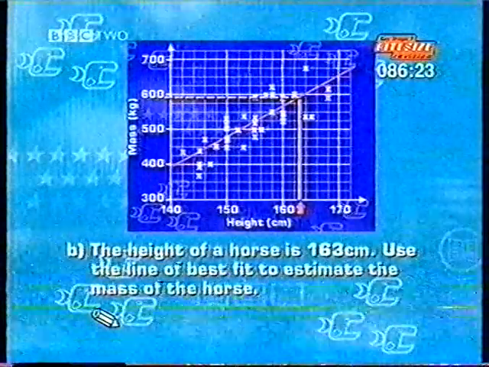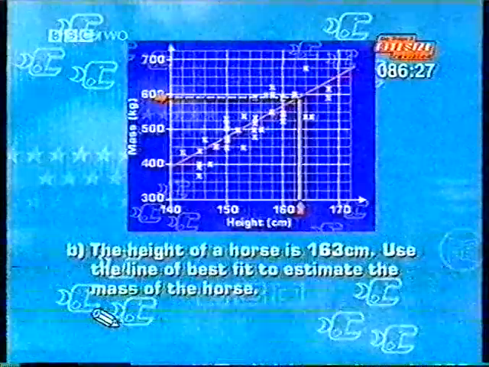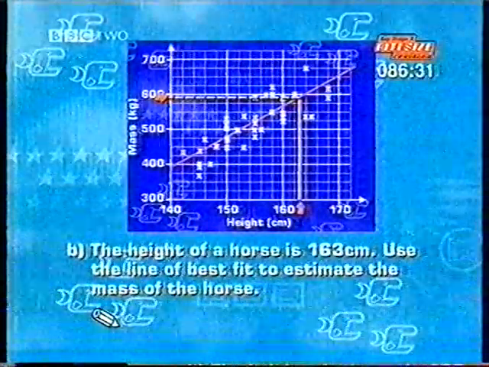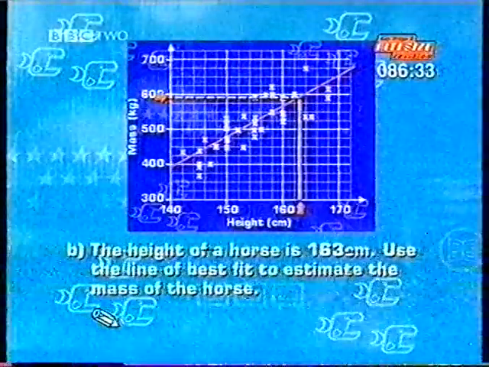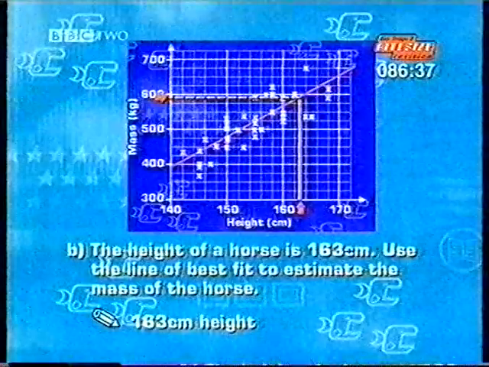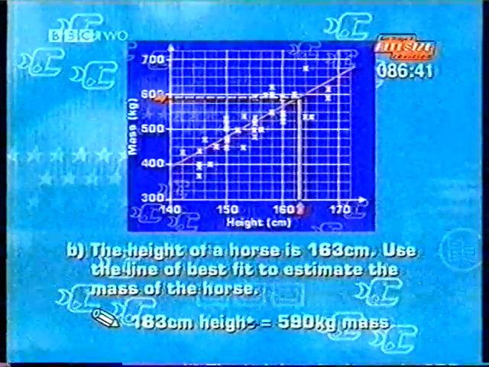Our line comes to here, which is more than 575 kilograms and less than 600 kilograms. So using our line of best fit, we would probably estimate that a horse of 163 centimetres would have a mass of 590 kilograms.